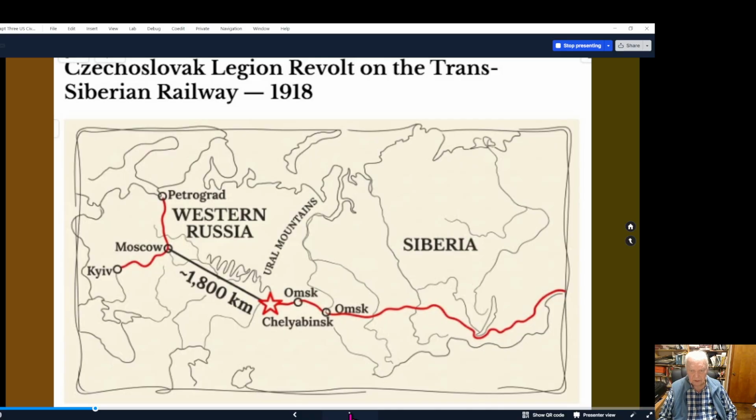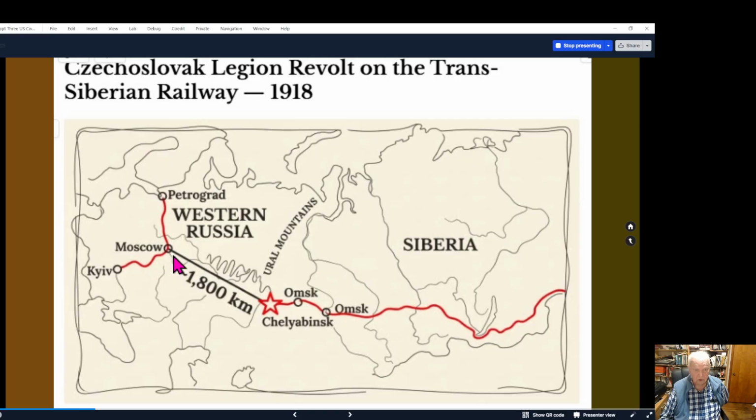And here you can see where this is all taking place. Here's a characterization of the Trans-Siberian Railroad, built after the turn of the century. And here's one of these idiot mistakes that the AI always makes. Here's Omsk put down twice, and they're happening here in Chelyabinsk.